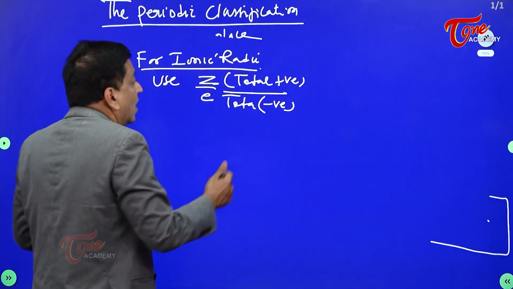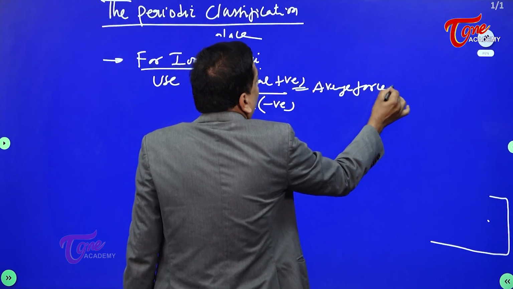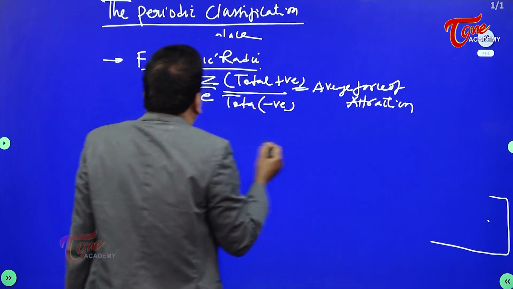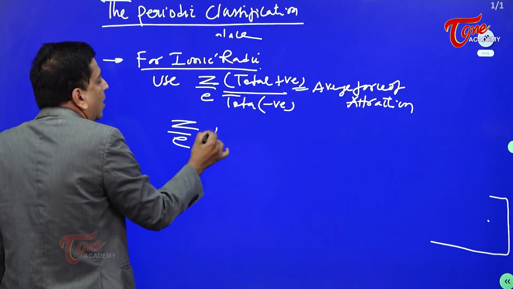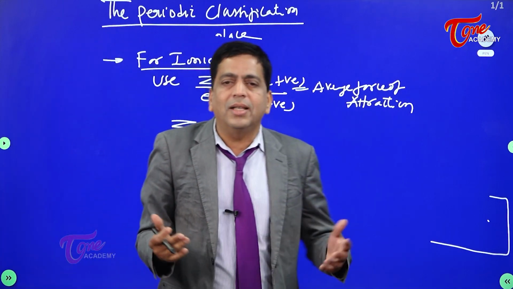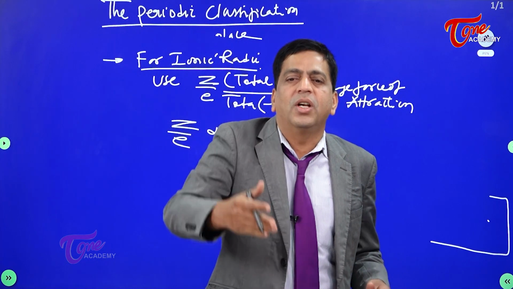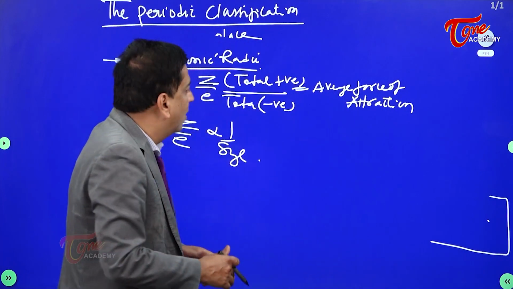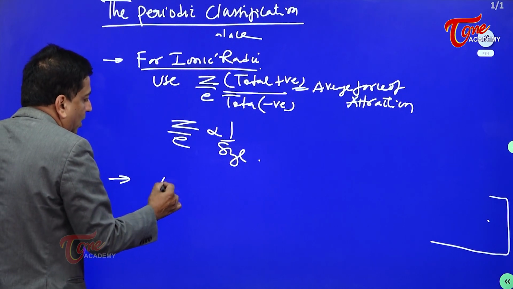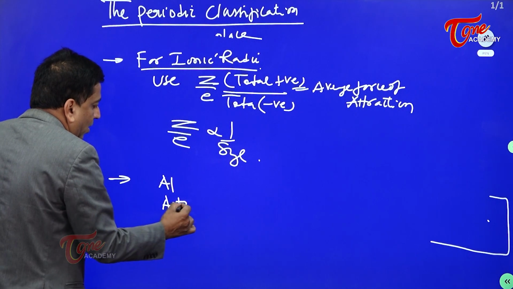Z by E is inversely related to size. If Z by E is more, the size is less, because the average force of attraction is more and the outermost shell is pulled inwards. So the size decreases.